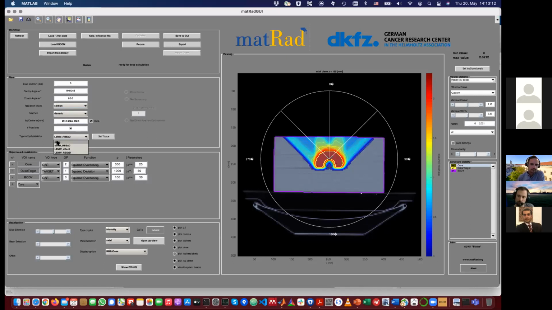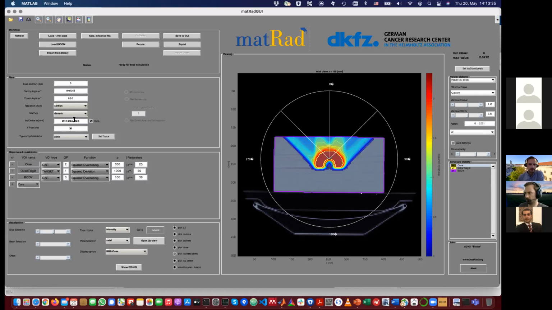I would put it also to none for the time being, simply to run a physical dose optimization for carbon ions. I will leave now the settings as they are, and I will also not save this result that I just created, which, well, for protons, was simply scaling up the dose by the RBE of 1.1.